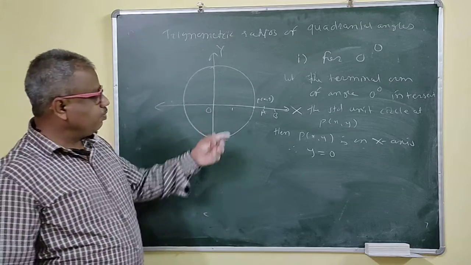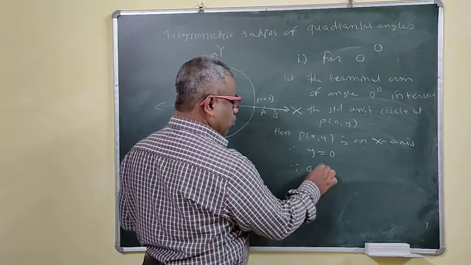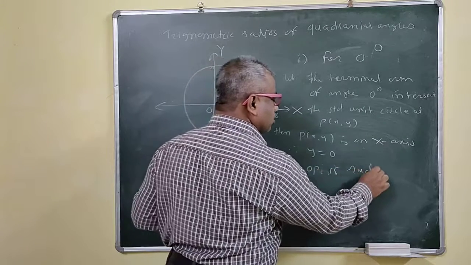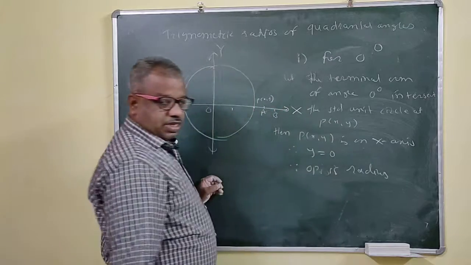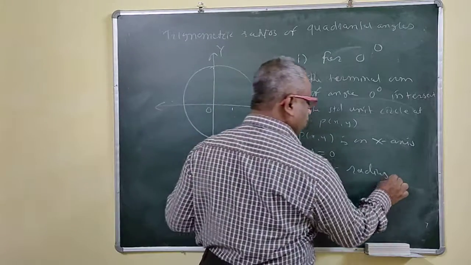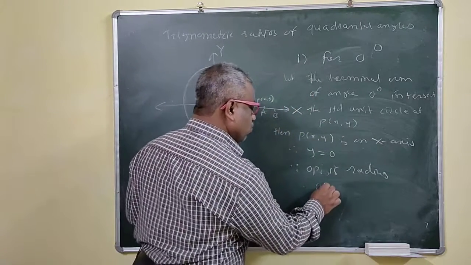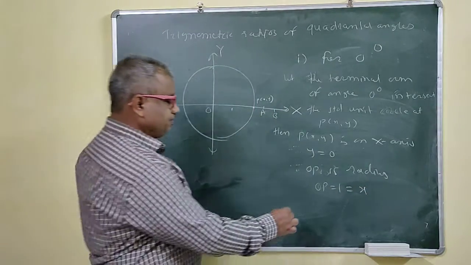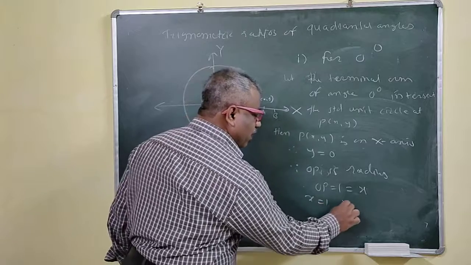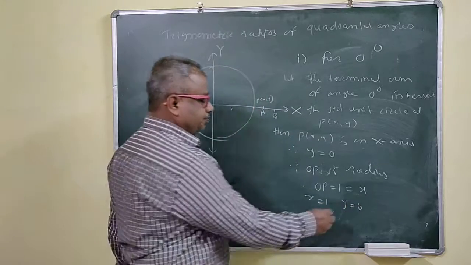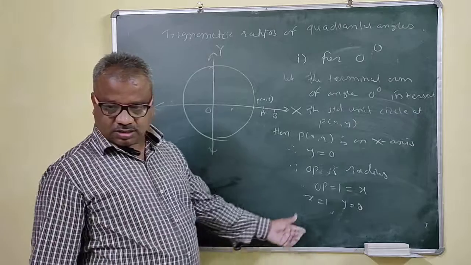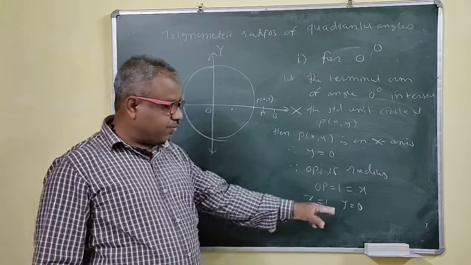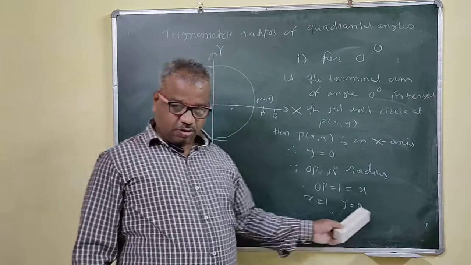And OP is the radius, so OP is equal to 1, and that is nothing but x. Your x is 1 and your y is 0. So x is the value of the cosine of the angle, and y is the value of the sine.